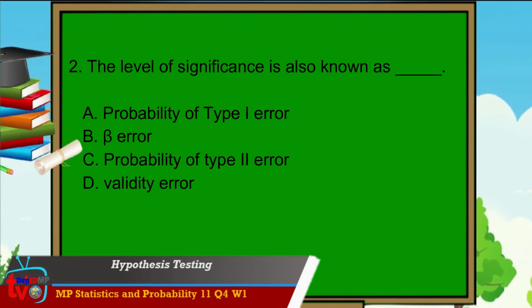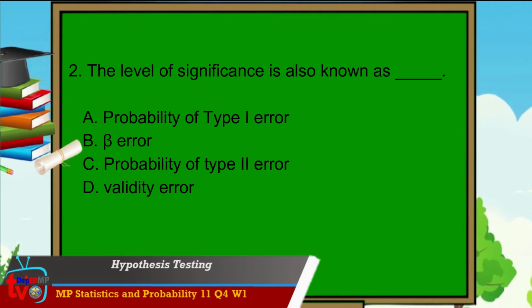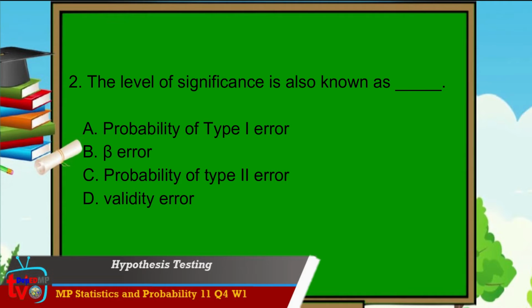Number 2. The level of significance is also known as blank. Letter A, probability of type 1 error. Letter B, beta error. Letter C, probability of type 2 error. Letter D, validity error.